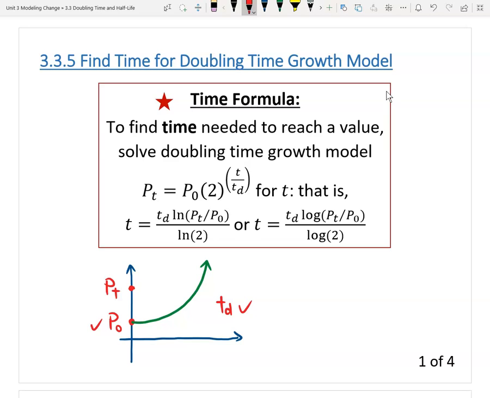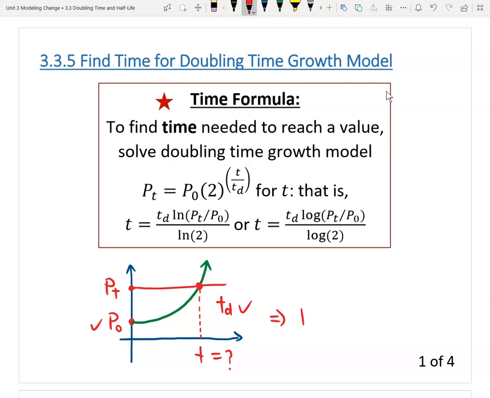Definitely there is a time. Sometime later, the model can reach PT, right? How to find the t, the time needed? We can do this way. We draw a horizontal line, and we can find a unique time here. But how to find the time? That's the question.